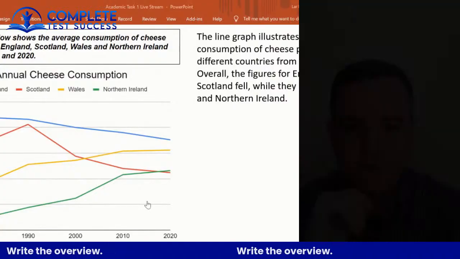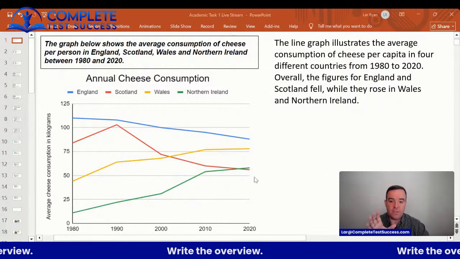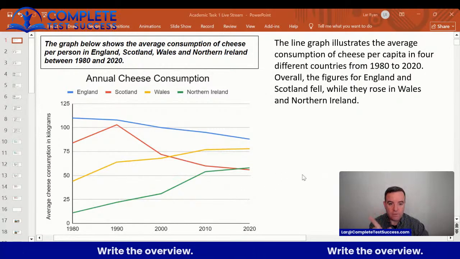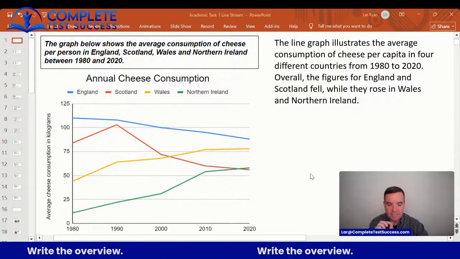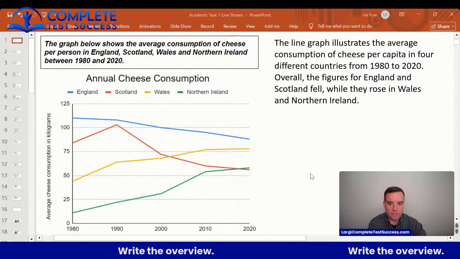So what I teach the students on my course is that we aim to write about 30 words in our overview. Now, you've included the most important information, which categories increased and which categories decreased. Definitely, that's what we want to start with. But in this situation, you've given the most important information and it's still quite short.